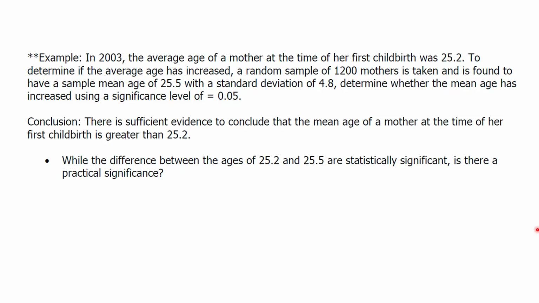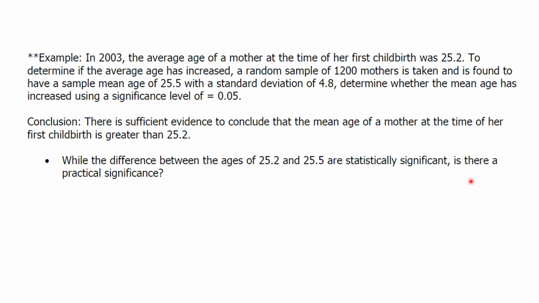Determine whether the mean age has increased using a significance level of 0.05. Their conclusion was that there is sufficient evidence to conclude that the mean age of a mother at the time of her first childbirth is greater than 25.2. So while the difference between the ages of 25.2 and 25.5 is statistically significant, is there a practical significance?